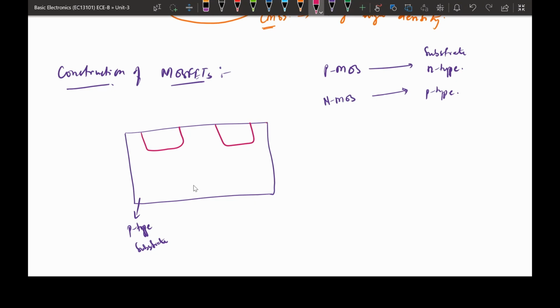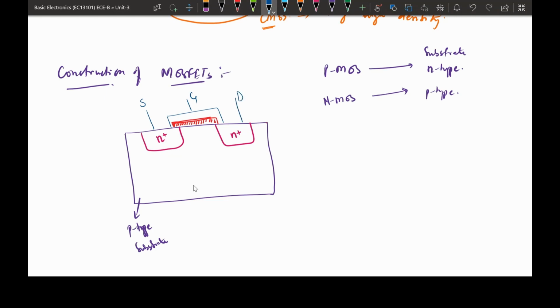The substrate is P type, so the opposite, N type, with highly doped regions, will be used for the source and drain regions. The gate region has an oxide, and over that we have the gate terminal, which is metal. The N type regions will be connected with metal terminals, one considered the source and the other the drain.